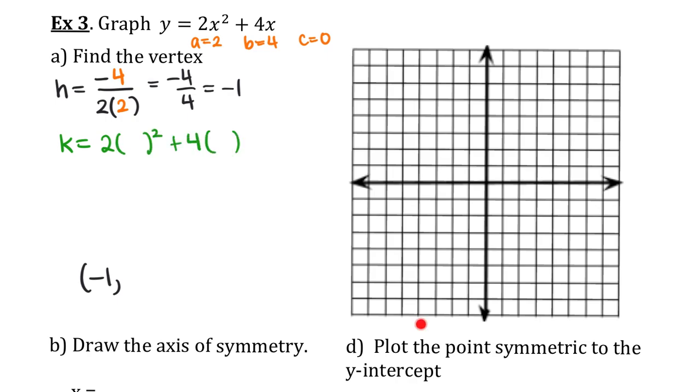And then where the x is, I plug in the -1 because I already know that's the x-coordinate of the vertex. And then just make sure we do exponent first. -1 times -1 is positive 1, 2 times 1 is 2. The vertex is (-1, -2).